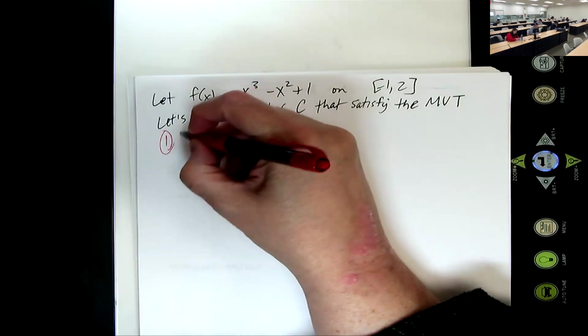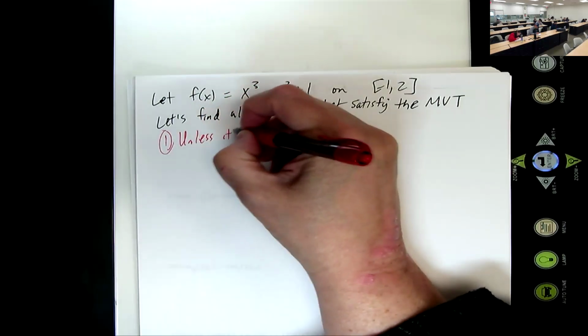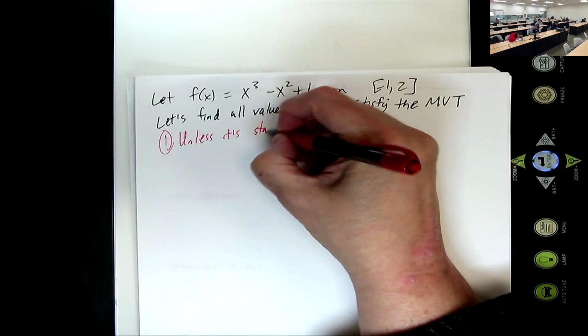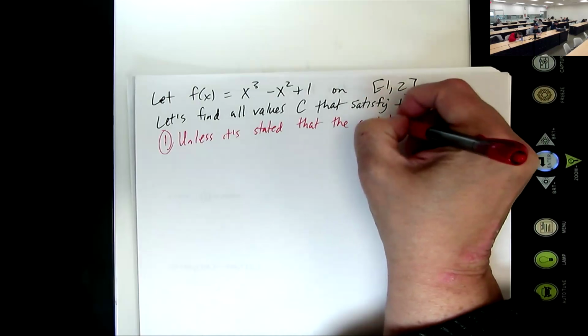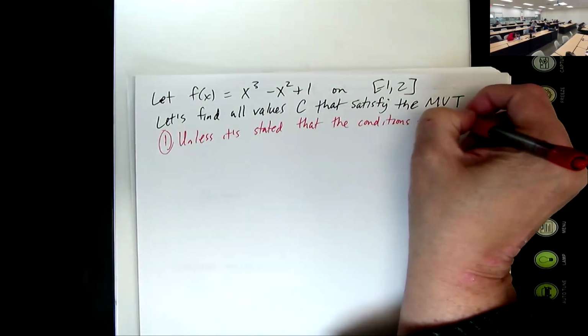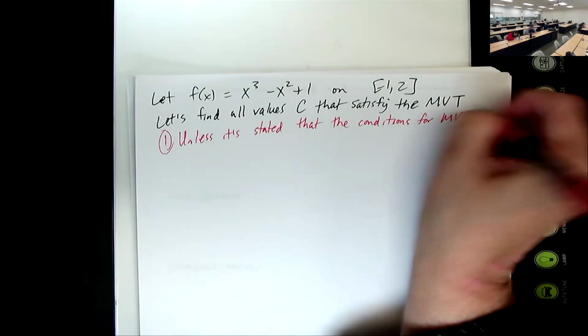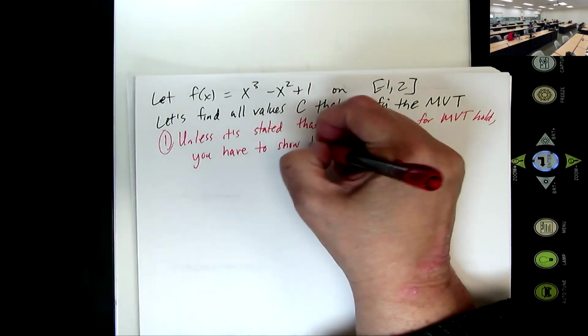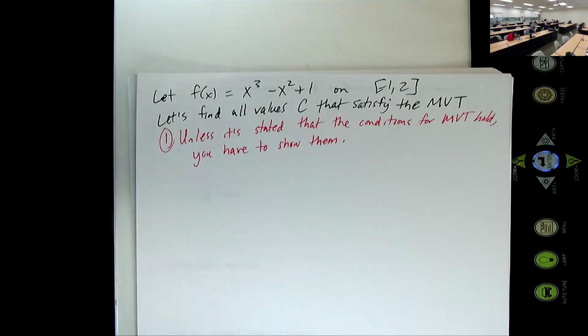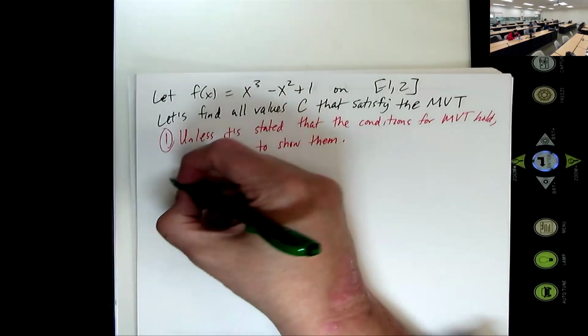Step 1. Unless it's stated that the conditions hold, you have to show them. I think I have on the group practice test, just assume these conditions hold, that way you can get straight into the MVT. But we have to show A, it's continuous.